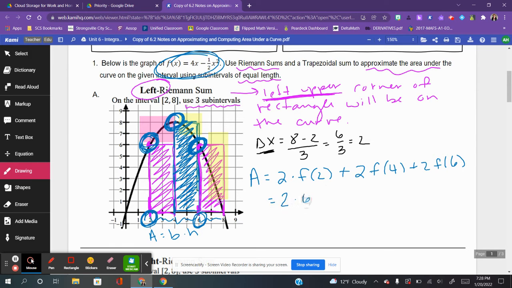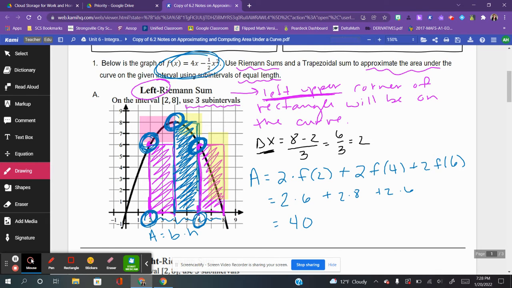Again, I really have 2 times 6 plus 2 times 8 plus 2 times 6. And if I do that calculation, I would get 40. Okay, so the area under my curve on the interval 2 to 8 looks to be about 40.